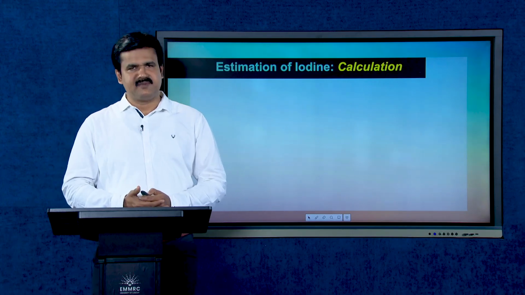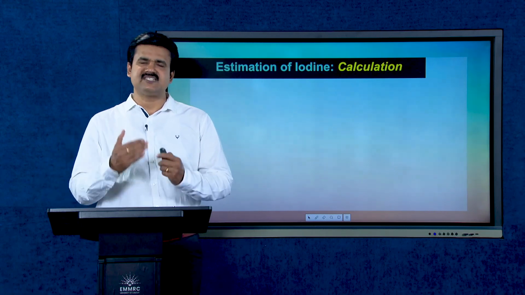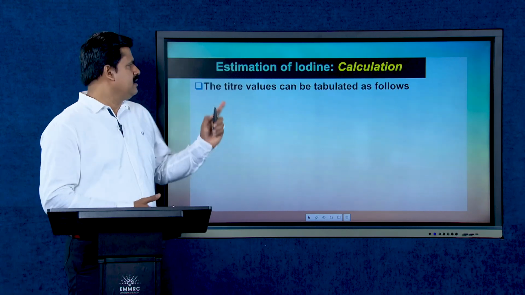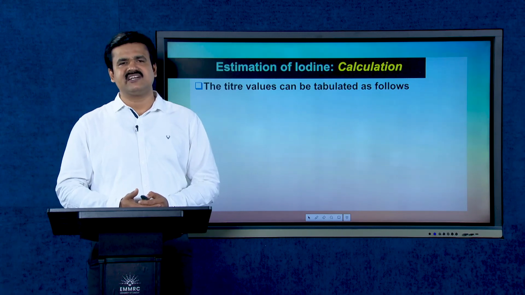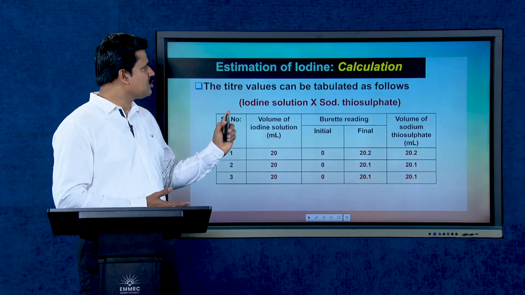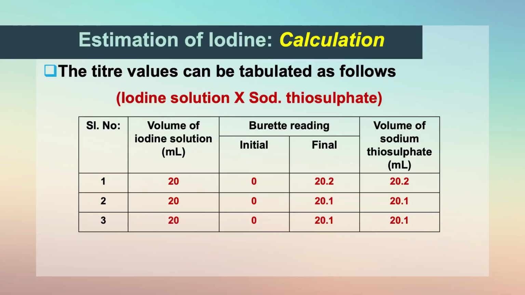We have conducted the experiment and now we are entering into the calculation part associated with estimation of iodine. The titer value in the estimation can be tabulated as follows. Iodine solution against sodium thiosulfate is the last titration and the concordant value of the titration is obtained as 20.1.